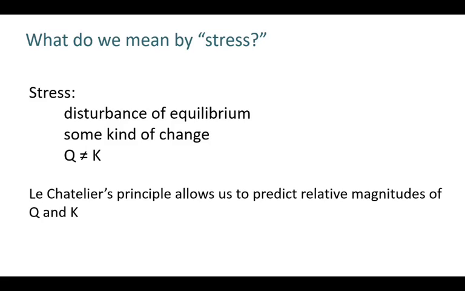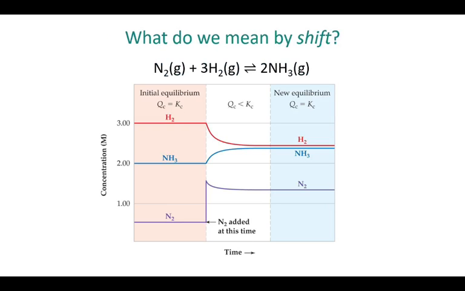We can use LeChatelier's principle to predict which direction the reaction is going to need to proceed in order to get back to equilibrium. So LeChatelier's principle allows us to predict the relative magnitudes, which is bigger, Q or K. And when we know whether Q is bigger or smaller than K, we can know whether the reaction will go toward the reactants or toward the products in order to get to equilibrium.